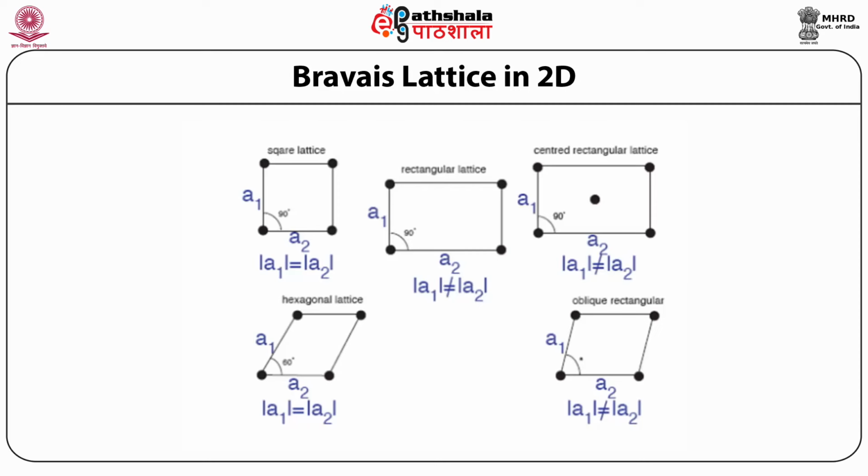Here A1 is equal to A2 and there is a specific angle of 60 degrees. Then in the fifth one, it is a more general case where A1 is not equal to A2 and the angle is not 60, 120 or 90 degrees, but anything.